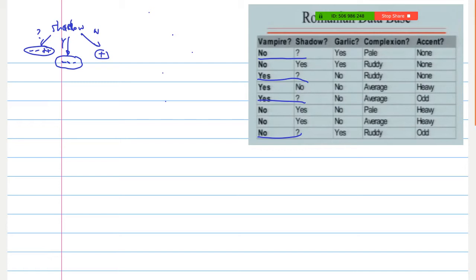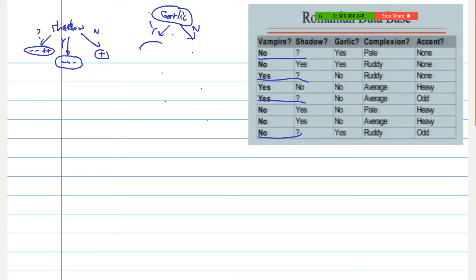And I can do something similar for the garlic test, whether it is afraid of garlic or doesn't care about garlic. For yes, that's all negative.